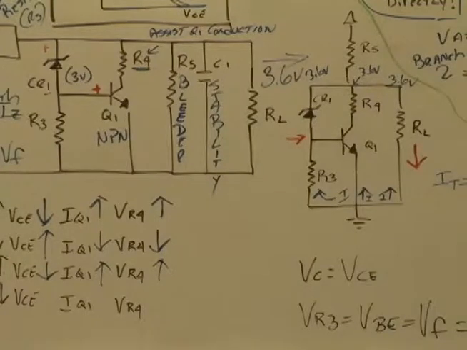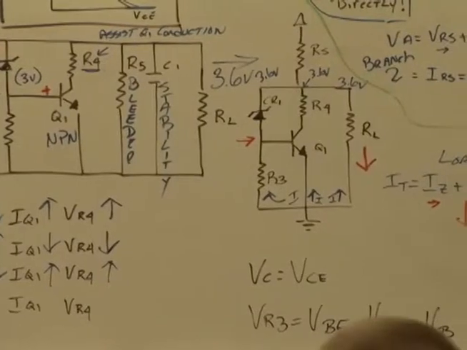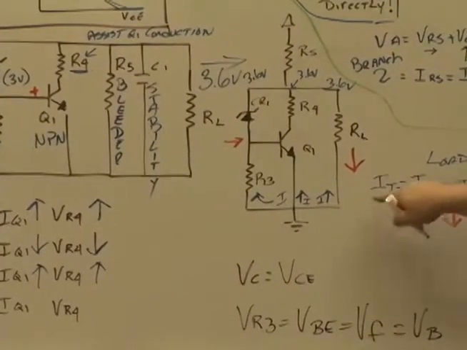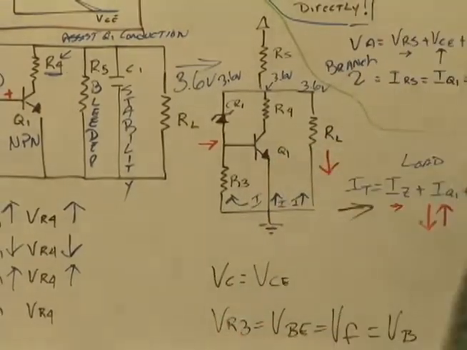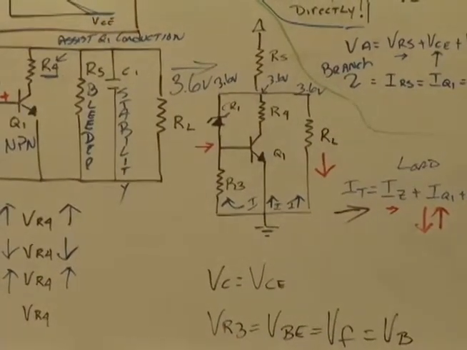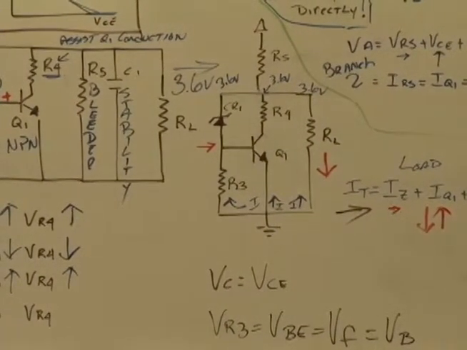Well, if it goes up, what does the branch current here have to do? Guess what? Now we're dealing with Kirchhoff's current law, aren't we? Total current has to stay the same, doesn't it? So now there's where the compensation takes place when the load changes.